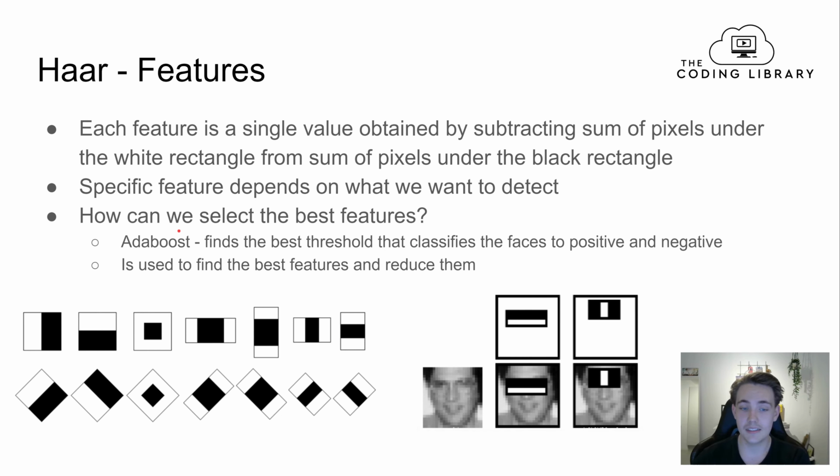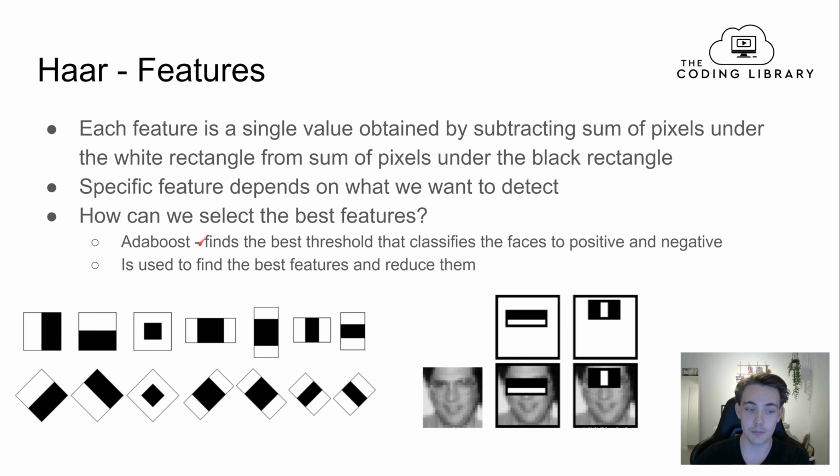So how can we select the best features in our image? If we're trying to detect faces, we don't really care about a lot of other features that are good for detecting other kinds of objects when we're only focusing on detecting persons or people in an image. So we can use this AdaBoost, as I already talked about, which just finds the best threshold that classifies the faces into positive and negative values if we're trying to detect faces in an image.